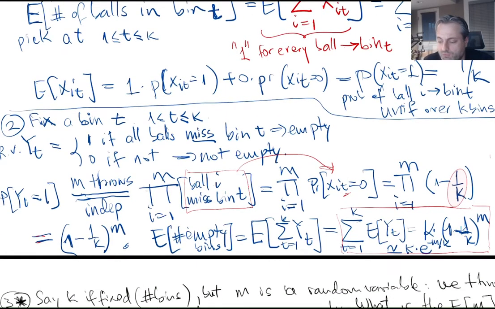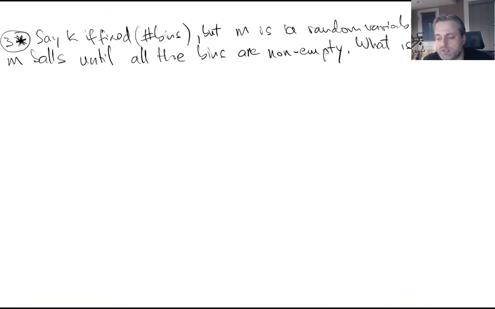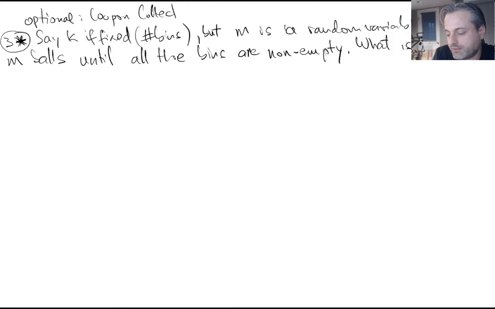Finally, I have one more point of this problem, which is a little bit more advanced, so I would say this is optional. This is called the coupon collector problem. That has a name. The same setup: we have k bins.